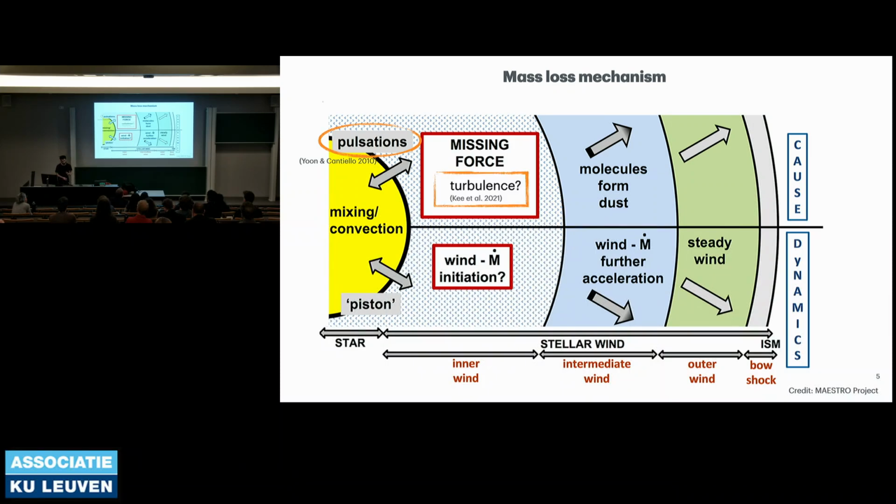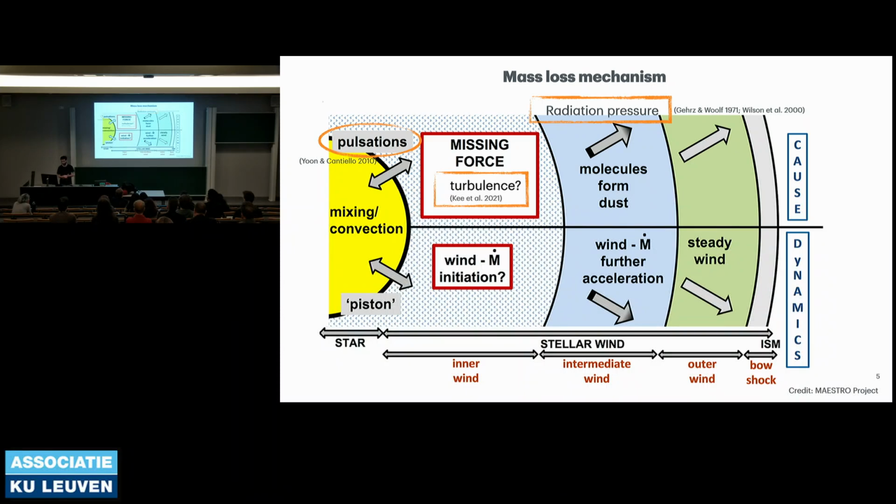But then there is a missing force to drive this mechanism, and recent studies show that turbulent pressure is this force that can lead to the drive of the material outside of the potential. And then at outer radii, when it gets at cooler temperatures, molecules can form dust, and then radiation pressure can enhance also this mechanism.